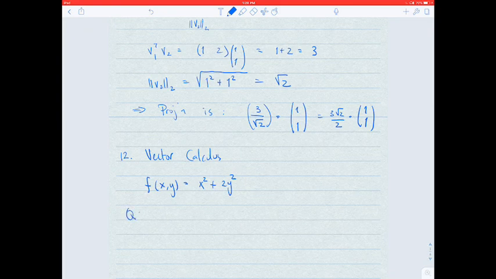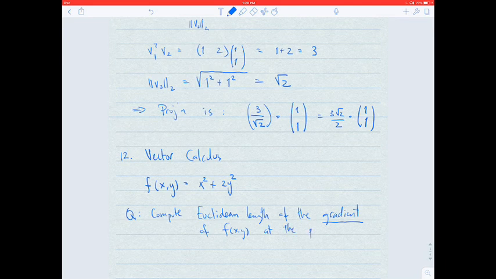And the question says, compute the Euclidean length, we just learned what that is above, of the gradient of f of xy at the point x equals 1, y equals 2.